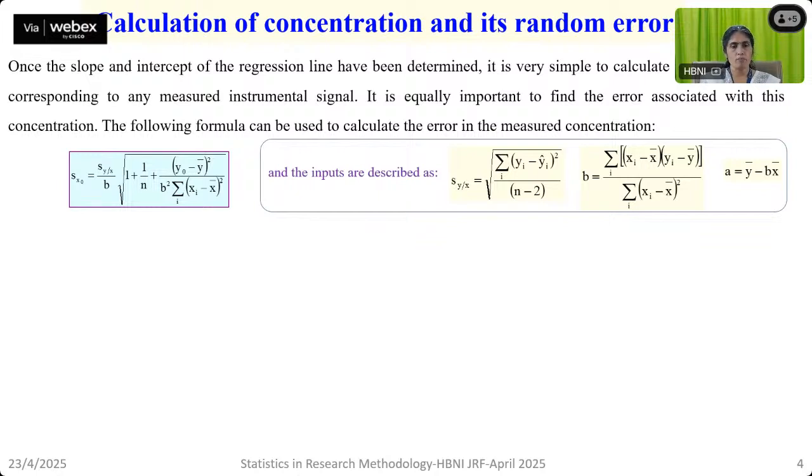Once the slope and intercept of the calibration line have been defined, we can easily calculate the concentration, provided the measured instrumental signal is within the extremities of the calibration function. If the measured signal is beyond the upper or lower limit, then this calibration is not suitable for that particular measured signal.